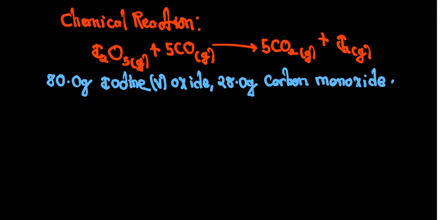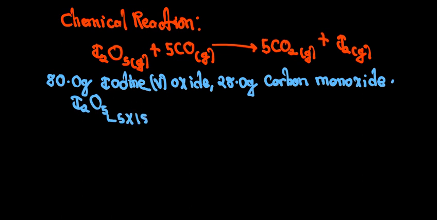So before anything, let's find out the molar mass of the iodine oxide and also the molar mass of the carbon monoxide. There's a recommended periodic table that you're supposed to use. I'll be very quick so that you know how you're supposed to go about the entire procedure.